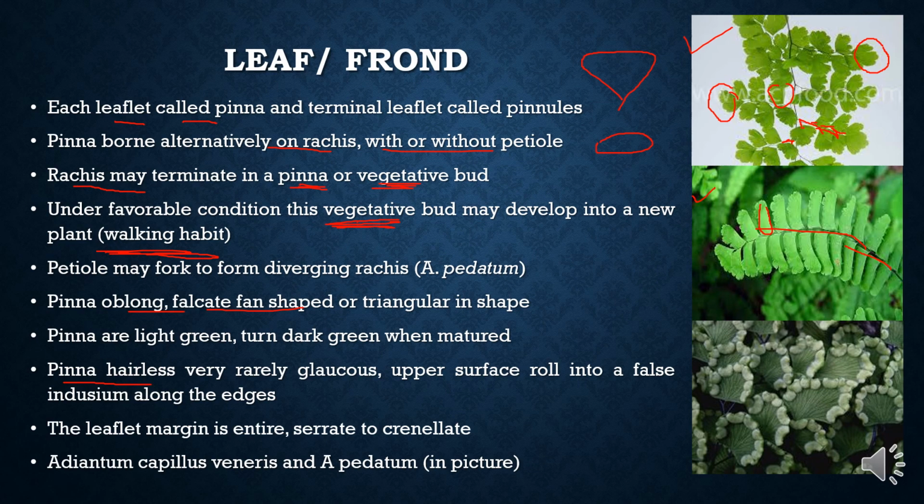About the margin, here we see that the margin is very much dentate. Here also the margin of the leaf is dentate. But sometimes some species can contain a very smooth type of margin. But whether the margin is smooth or dentate, the lower surface of the leaf will contain sporangia.